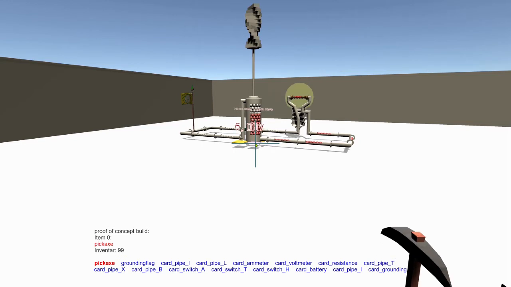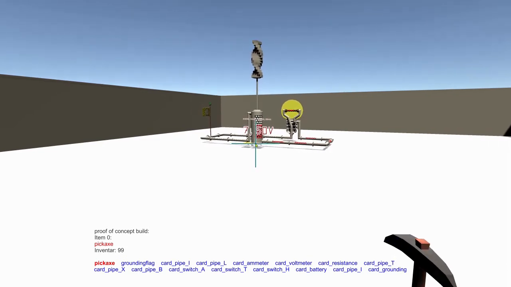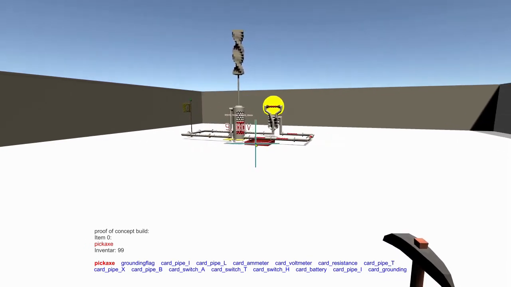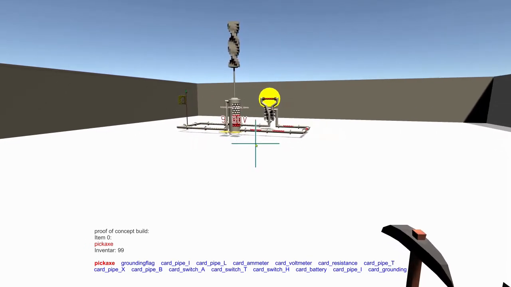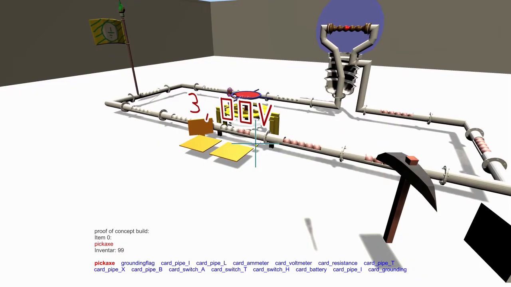If we increase the voltage value, the number of bricks also increases. And the more bricks we have, the higher the pressure below the main coil becomes, and also the parts of the pipes become more and more red.